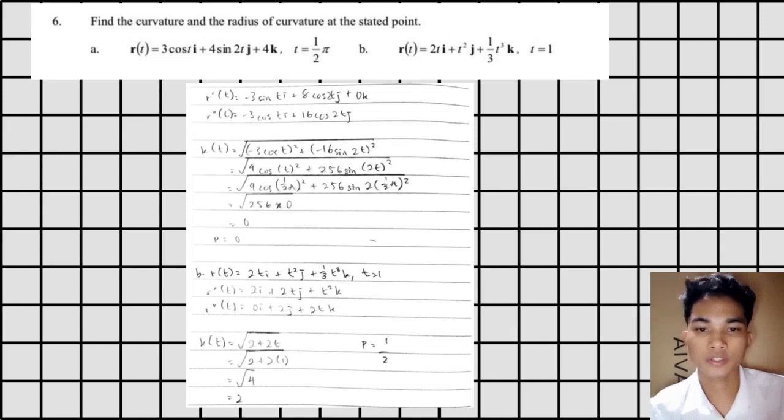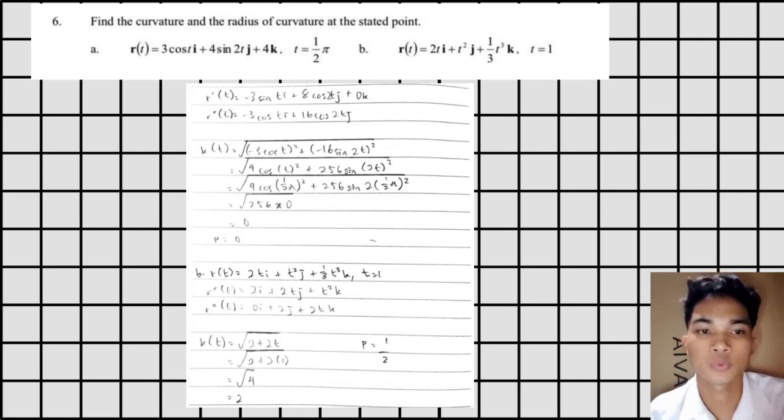So we solve equation A first. First we must differentiate the equation two times until we get −3 cos t i − 16 sin 2t j. Then we use the method to find the curvature.